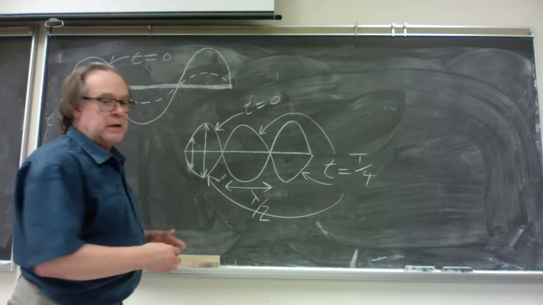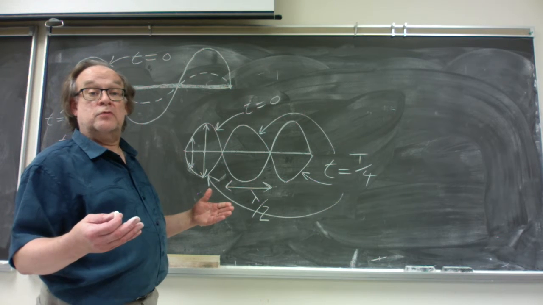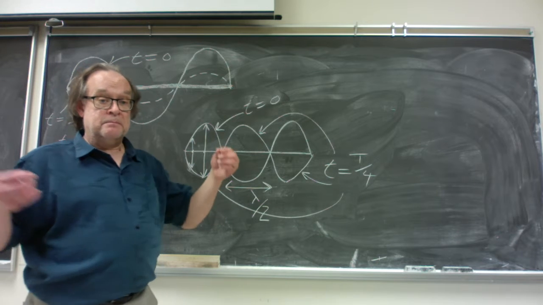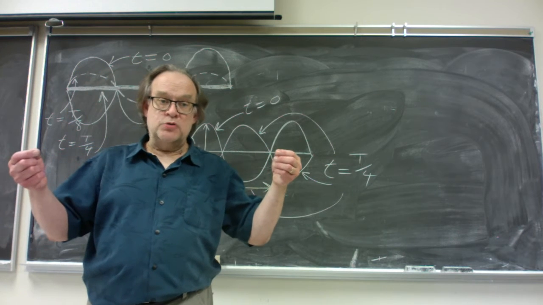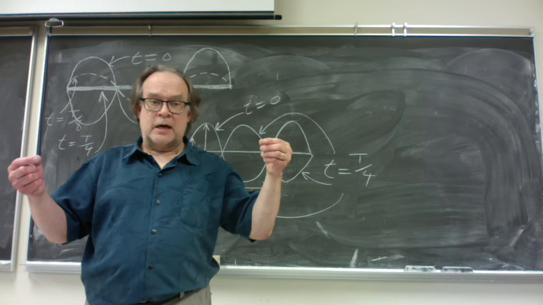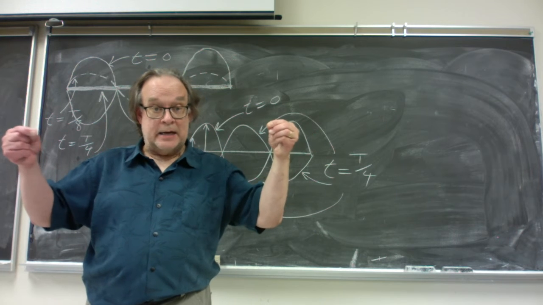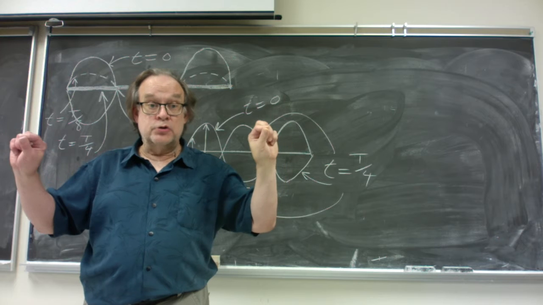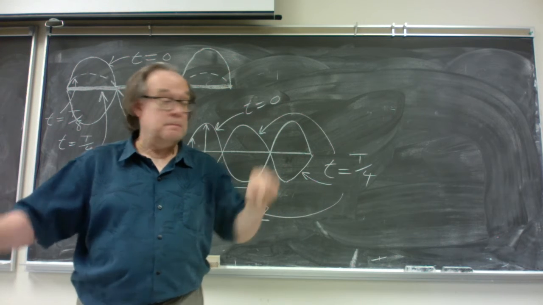Just imagine the simplest kind of standing wave that you could get on a string. Say on any musical instrument, guitar, piano, the string is tied down at the two ends. The two ends never vibrate, so the two ends are always nodes.